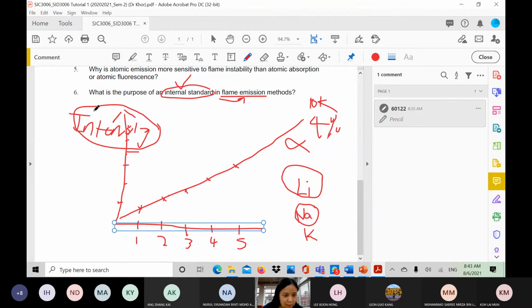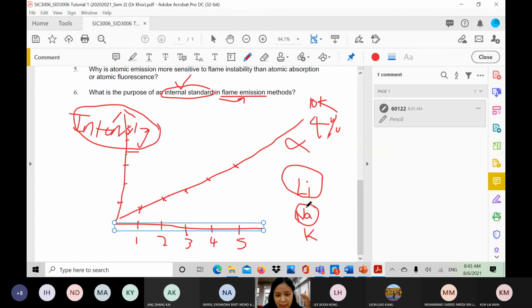Now what we measure on the y-axis is no longer the absolute intensity of our target analyte sodium, but a ratio of the intensity of the emission line of sodium versus the lithium.